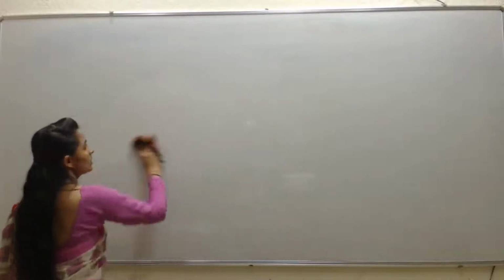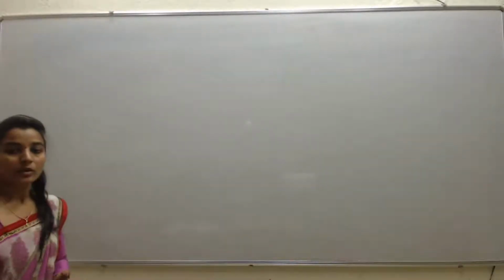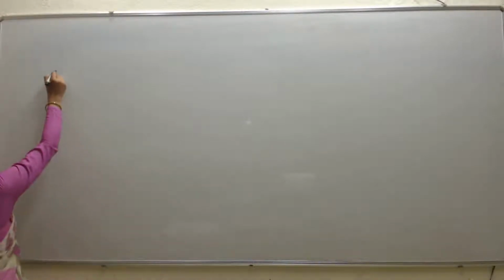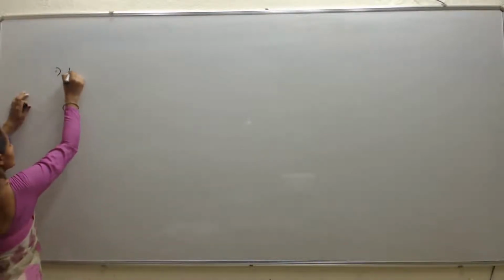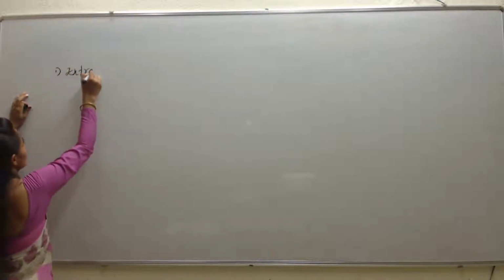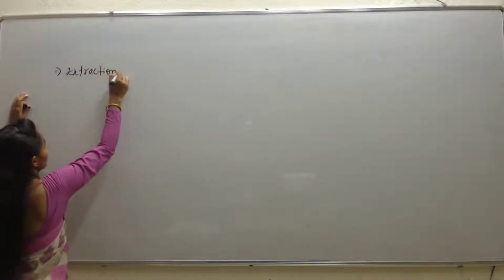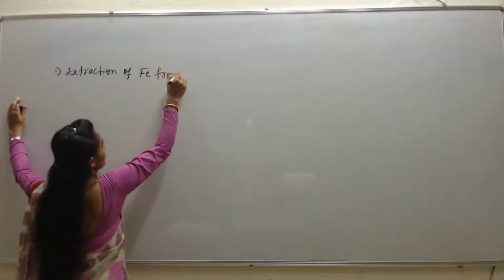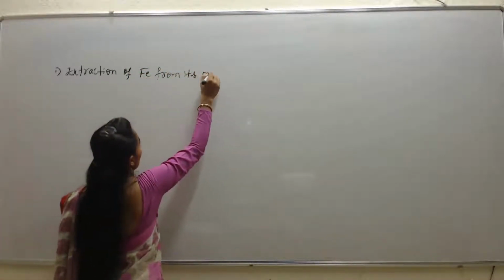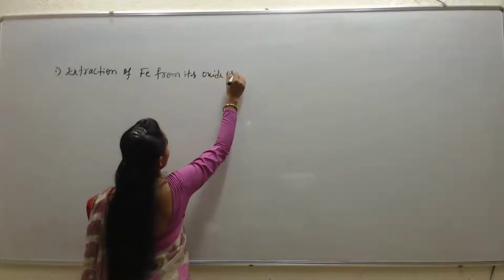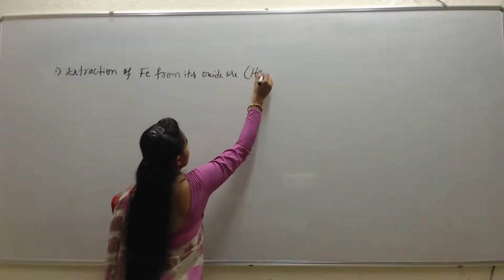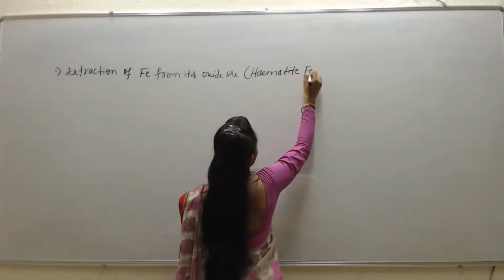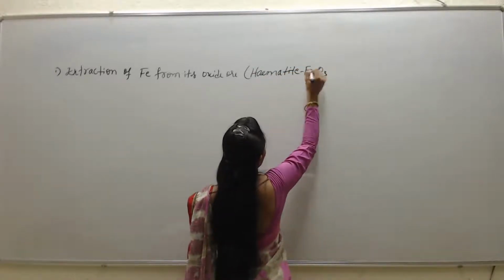In the applications of the Ellingham diagram, we extract three metals based on the thermodynamic principle. The first one is extraction of iron from its oxide ore, that is hematite. The composition of hematite is Fe2O3.